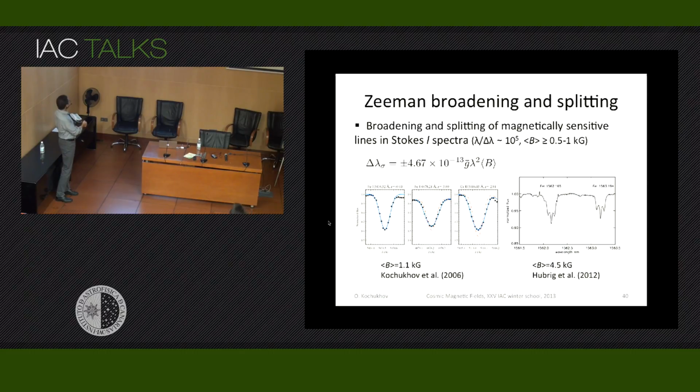The solid line is the model spectrum with this magnetic field, and the dashed line is the model spectrum without. And you can see that we need a magnetic field to match profiles of lines with different magnetic sensitivity. If the field is strong enough, or if we're observing very far in the red, yes?